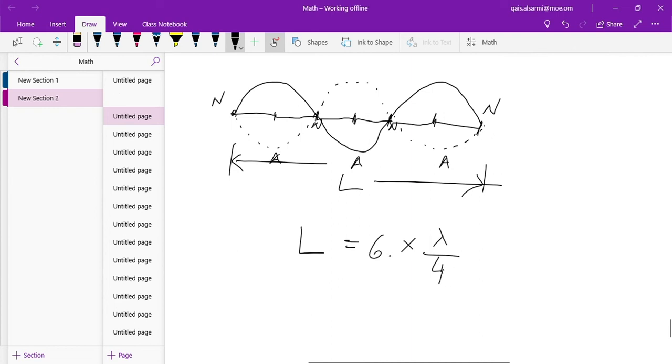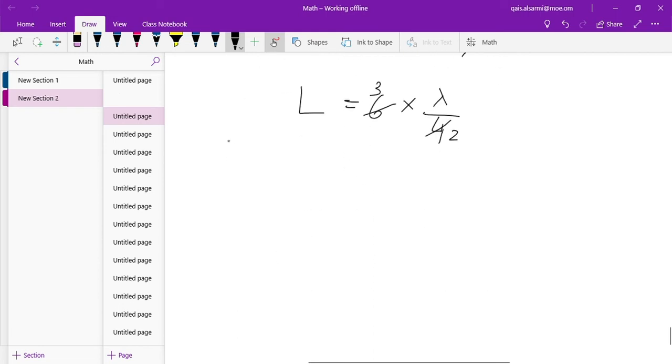If you want to simplify it, you can cancel these numbers like this, or you can write this equation in terms of lambda, making lambda the subject. So wavelength equals 2L over 3. I'll put 3 here in the subscript because this is the third mode of vibration.